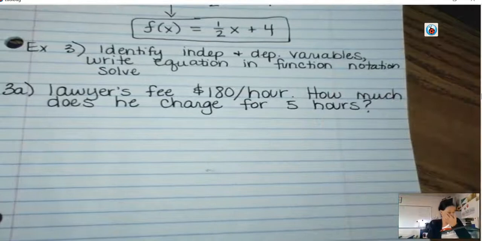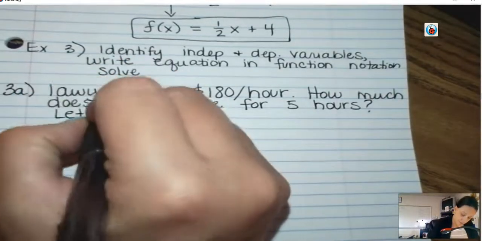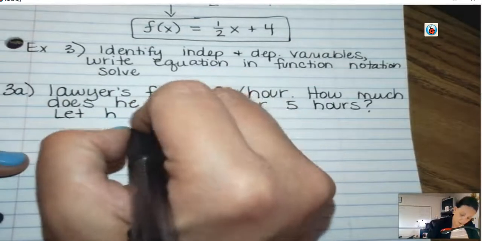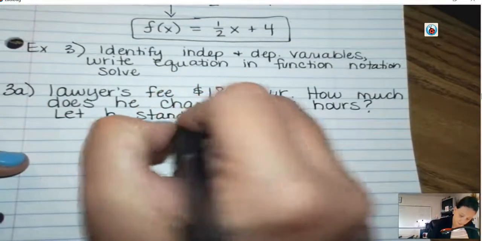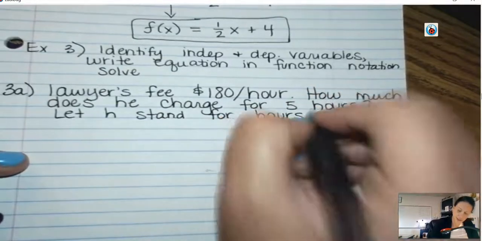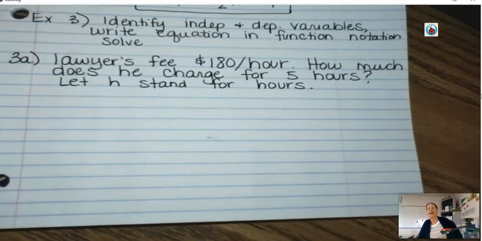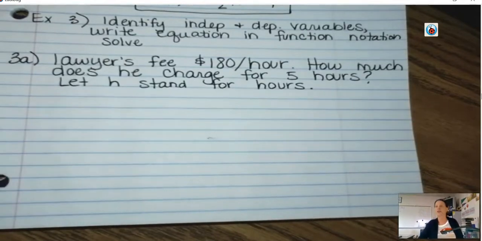How much does he charge for 5 hours? And then it also says to let H stand for hours. So this is important when you guys get to HMH. It's going to mark things wrong if you don't use the correct variable. If you put an X in when it wants an H, it's going to mark it wrong.